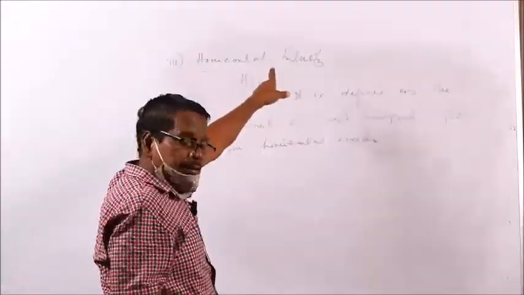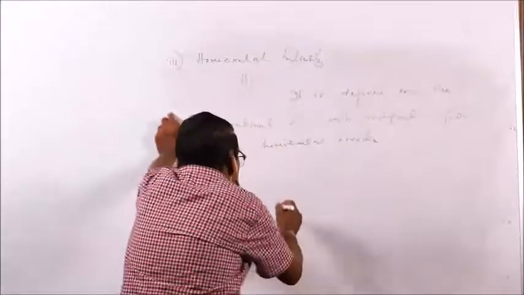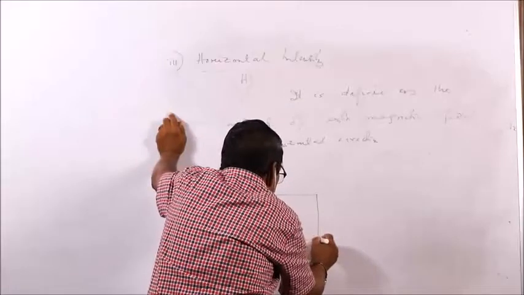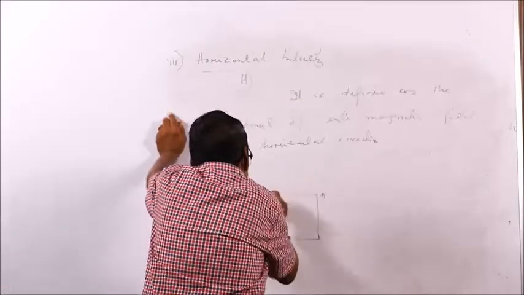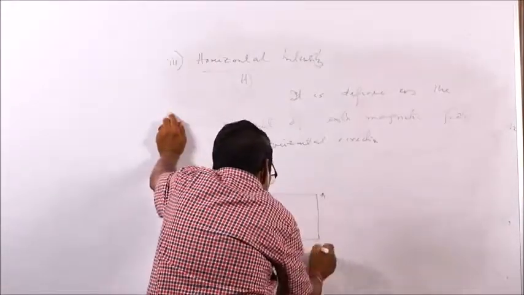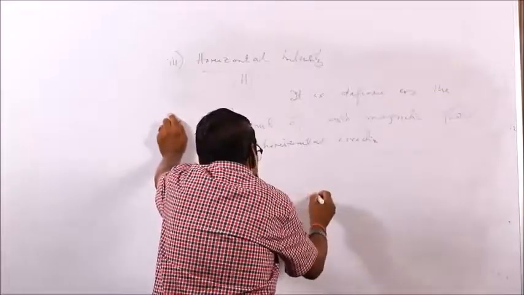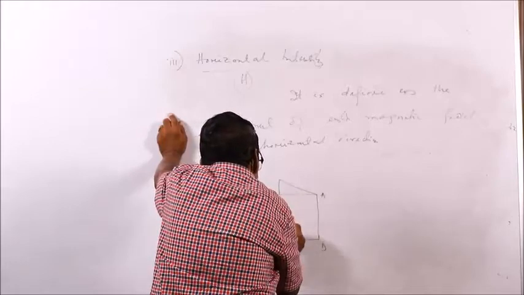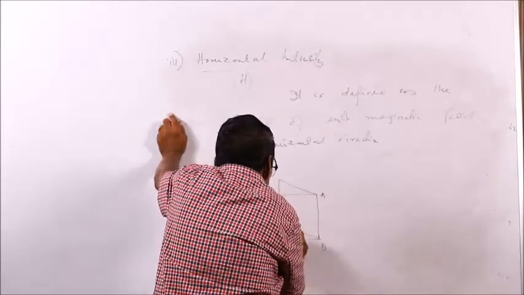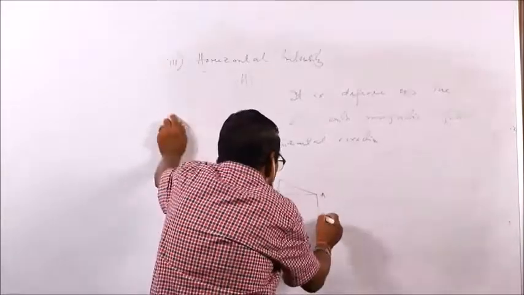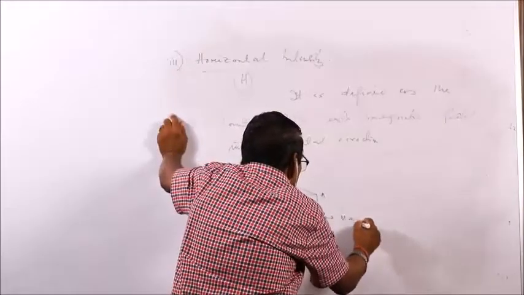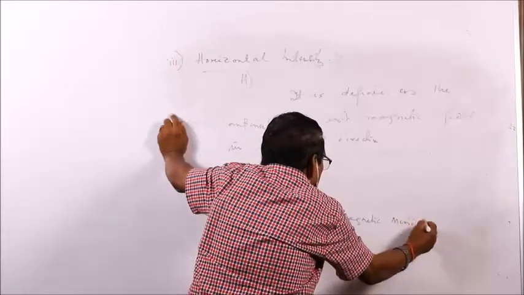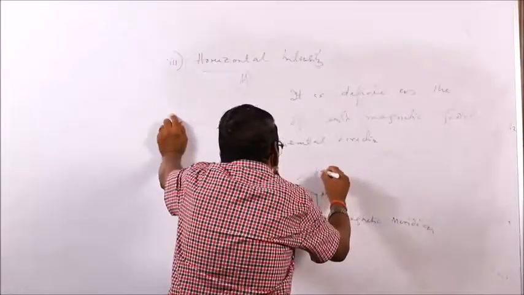Then we explain it diagram by diagram like this. This is your magnetic meridian. This is your geographic meridian.